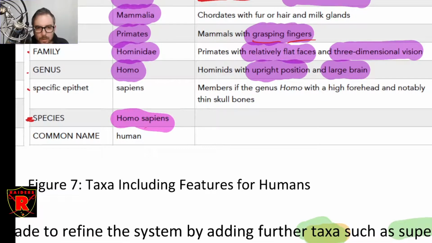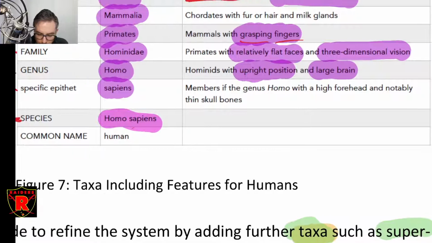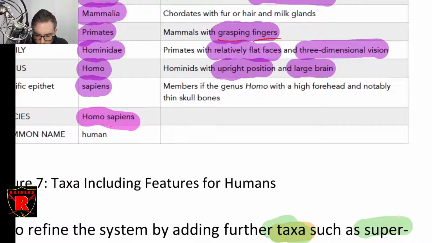And then lastly, our specific grouping within the genus is Sapiens, sometimes called the specific epithet. And what differentiates us from the Neanderthals and other groups is that we have a relatively high forehead and notably thin skull bones.